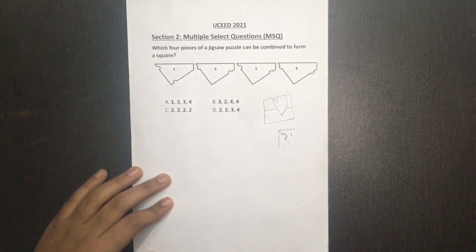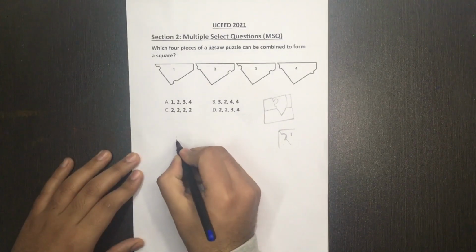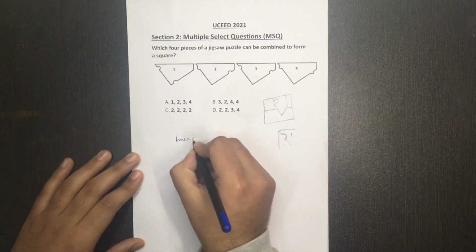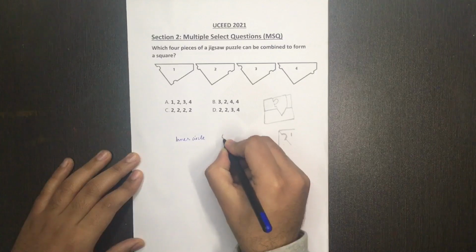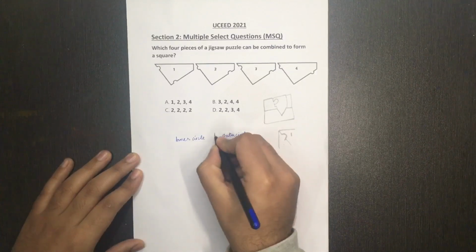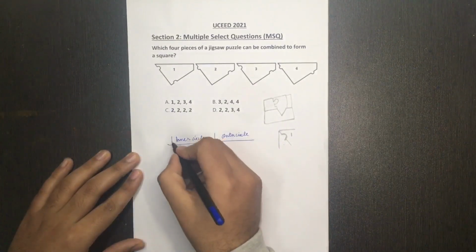So let's start by considering each of the options. First I'll write inner circles over here, and over here let's write outer circles. If these are equal, then definitely we can go ahead and consider the figure.